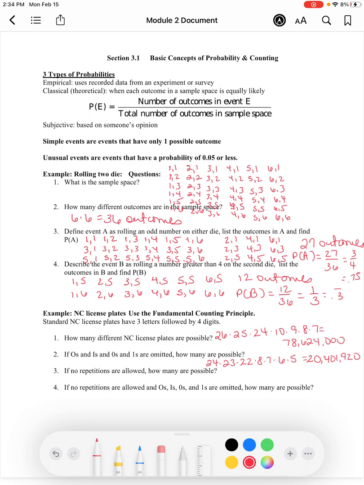Nope. And I have totally messed that up. So let's go back. Because what I just did was actually the answers to 3 and 4. So let me move those down. Because if no repetitions, then once I use a letter, I can't use it again.